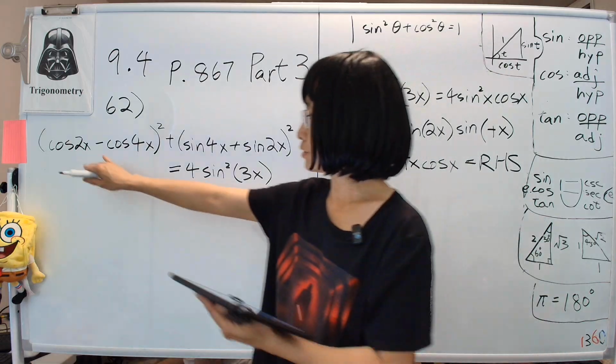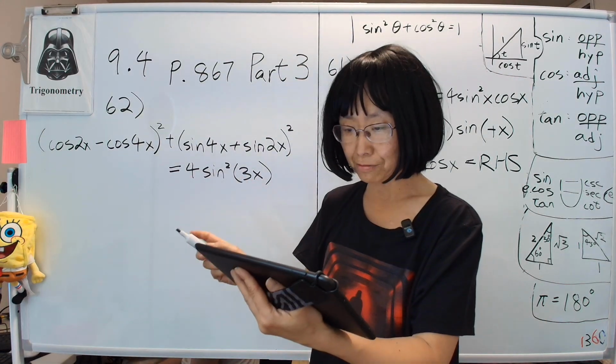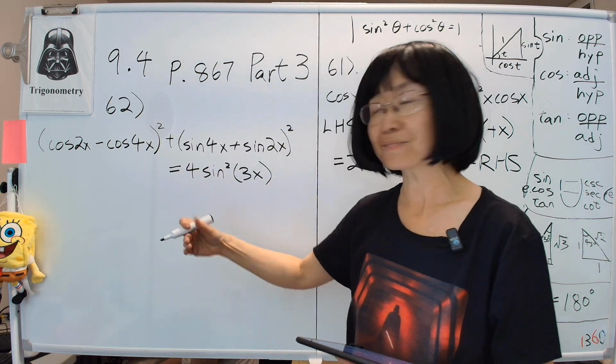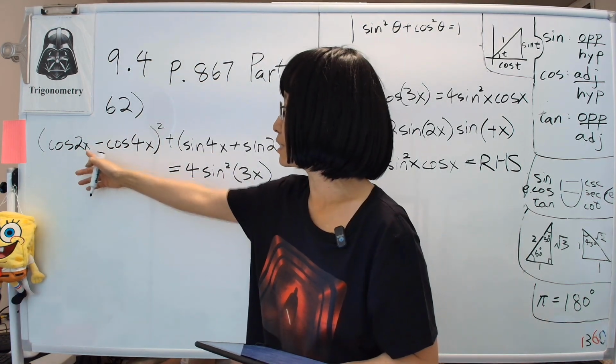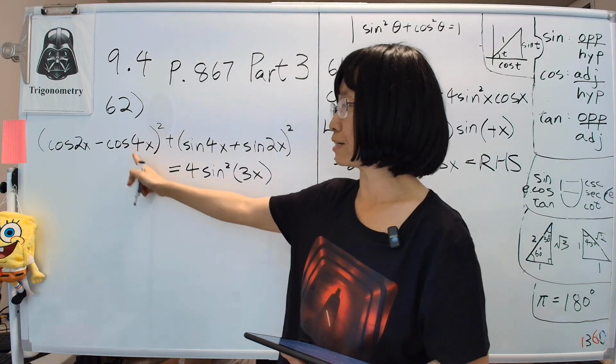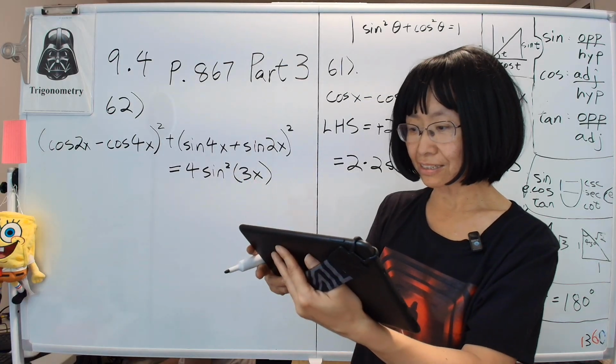Now, I don't have the 2x and the 4x in parentheses to reduce the amount of writing, but just for this particular video, remember that these things are actually in parentheses. So cosine is not just cosine of 4, but cosine of 4x, okay? And the others are the same.